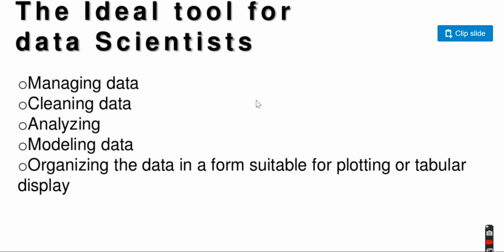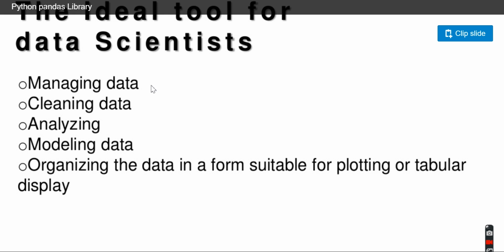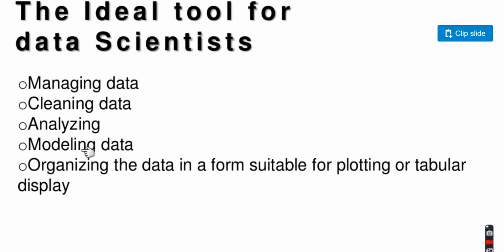What is the tool for a data scientist? As I said already, it is used by data scientists. They use it to manage data, clean data, analyze data, model data, and organize the data.